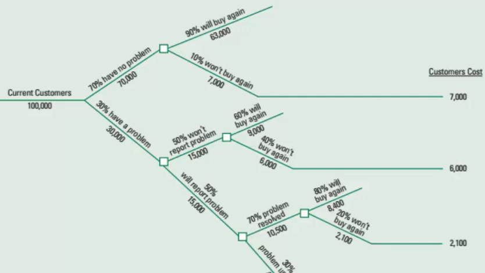Now look at the screen, look at this graph, and I'm going to take time in explaining it. This is a typical example of some business, and you can relate it to your business or any business. There are bigger businesses, there are smaller businesses, but it's a typical example in which this professor has taken a current customer base of 100,000.